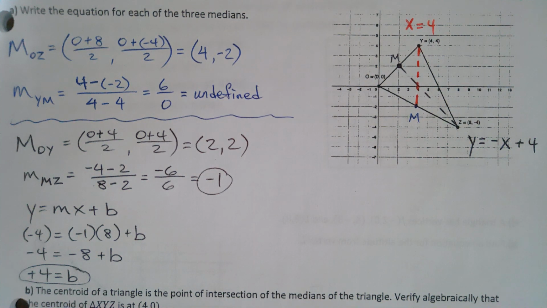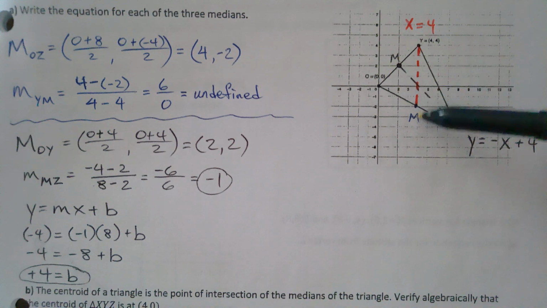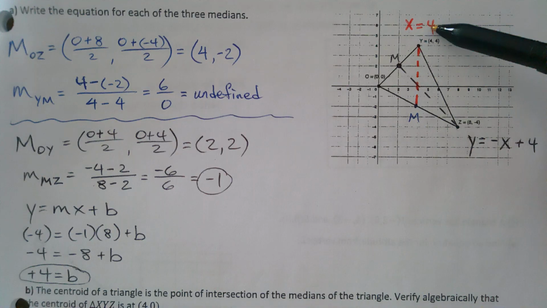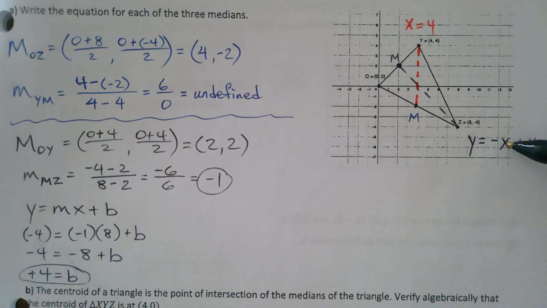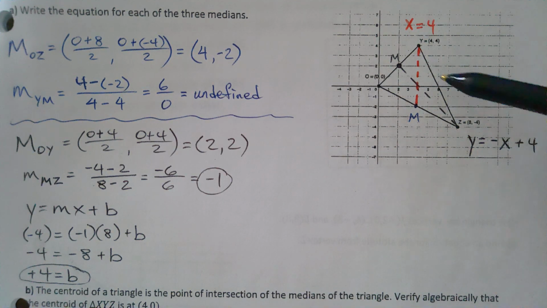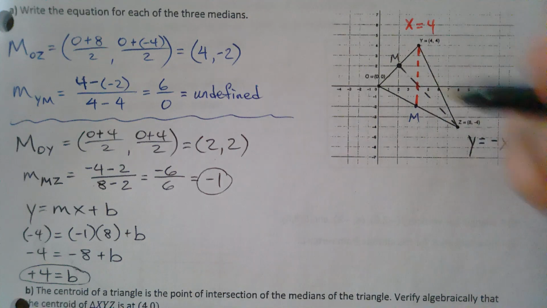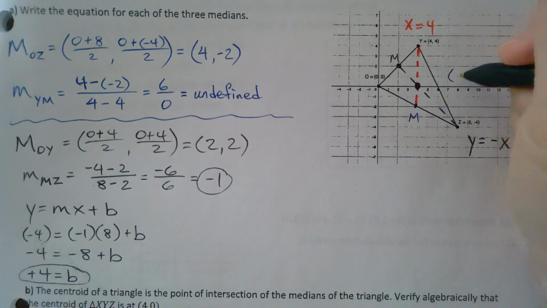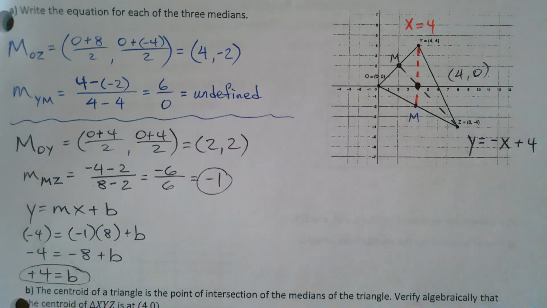Now that I have these two lines, I know where they cross. I can solve it, right? I can substitute the 4 for the x, and so then I get the point (4, 0). So this point right here, where they cross, is (4, 0).